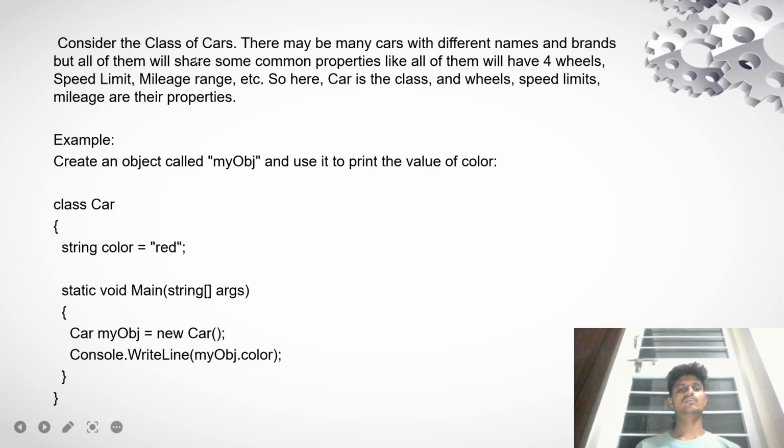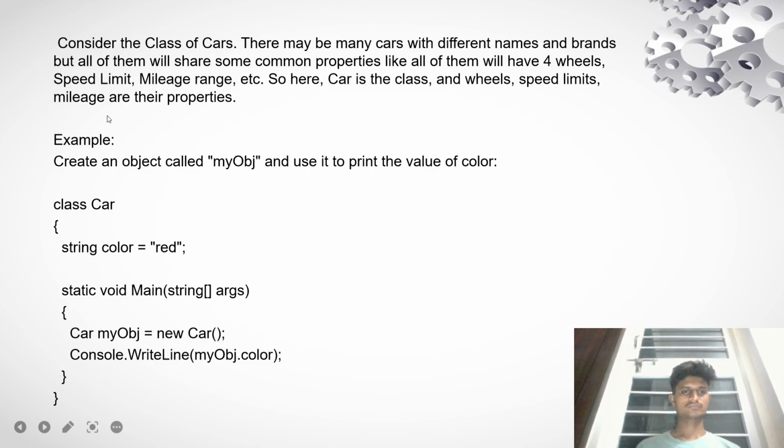Again we will see this example for better understanding. There may be many cars with different names and brands, but all of them share some common properties like four wheels, speed limit, and mileage range. So here car is a class and wheels, speed limit, and mileage are its properties.